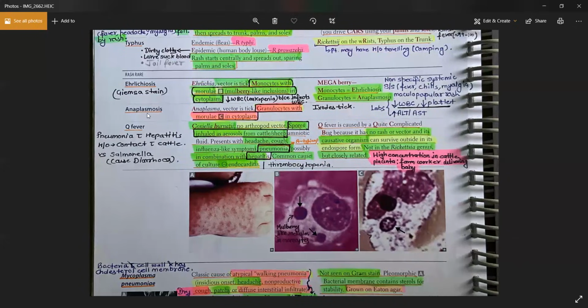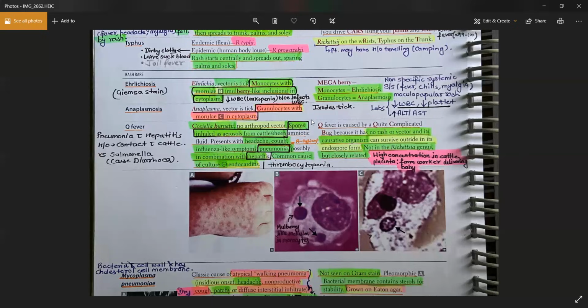And again, you need to remember the tick name, which is the Ixodes, the same tick that harbors the Borrelia and the Babesia. Then comes the Q fever, and it is caused by Coxiella burnetii, okay? And you need to know that it is also a spore-forming organism other than your Clostridium and the Bacillus. This Coxiella is also a spore-forming organism, okay? And the patient generally gives you a history of being a farm worker.